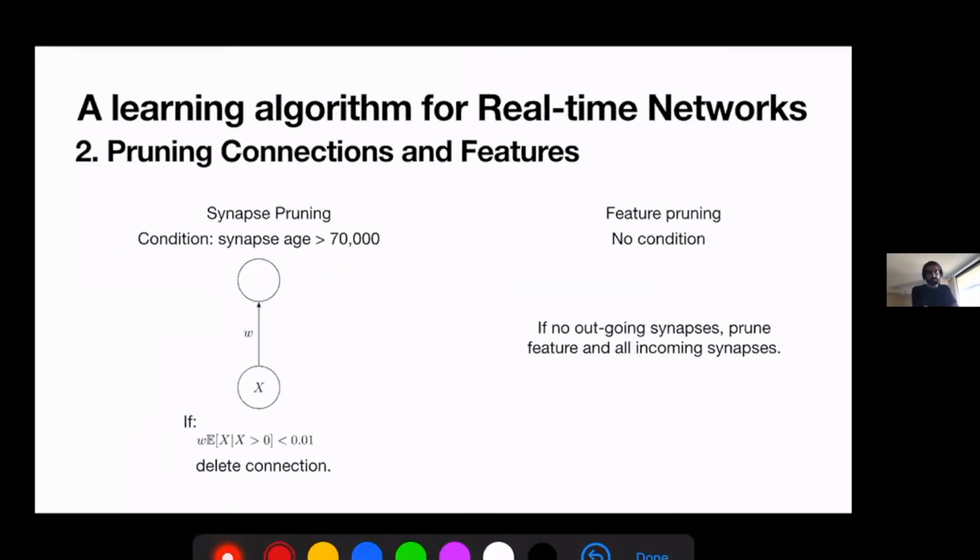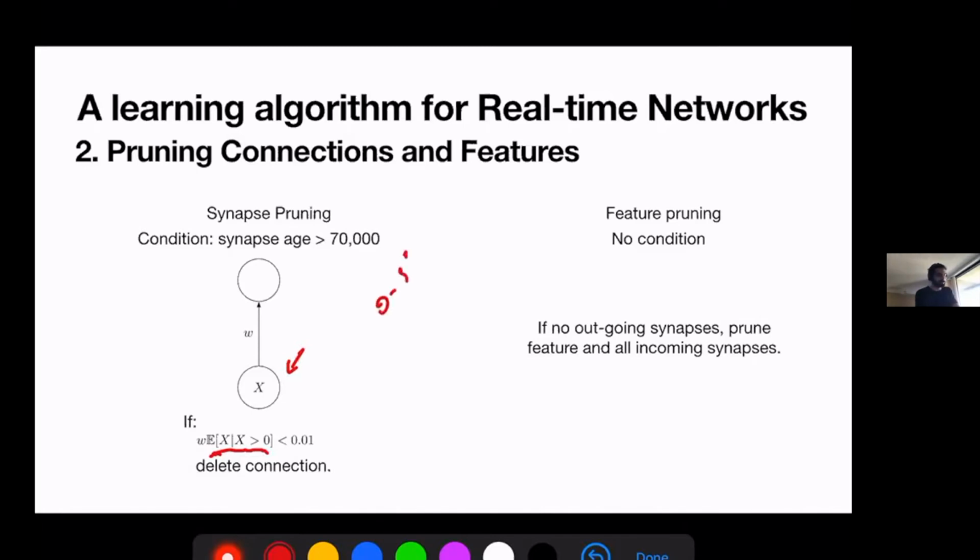And now I have very simple mechanisms for pruning useless things. For synapse or connection pruning, if your connection is above an age, so it's a certain number of time steps old, then I'm going to look at the product of the expected value of this incoming feature when the feature is non-zero. So maybe this feature is 0 all the time, but whenever it's non-zero, its average value is, let's say, 0.5.